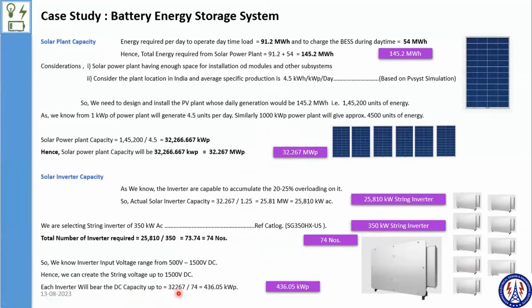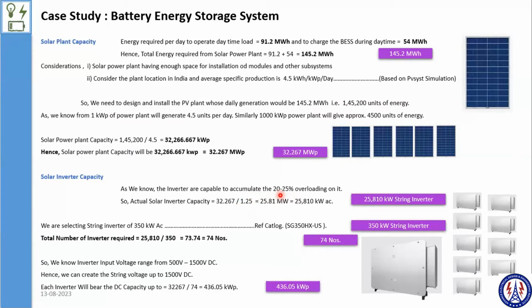I'm sorry for the interruption, but I have a question regarding the 1.25 DC to AC ratio. If I choose another ratio, like 1.1 or 1.2, is it applicable, or why do we choose this? No, it is applicable. You can consider it based upon how much overloading you allow on the inverter. For example, with an inverter rating of 100 kilowatt, I'm connecting 125 kilowatt on the DC side.